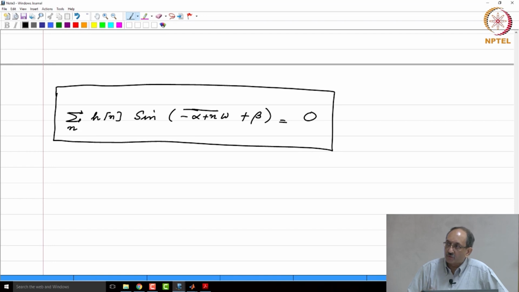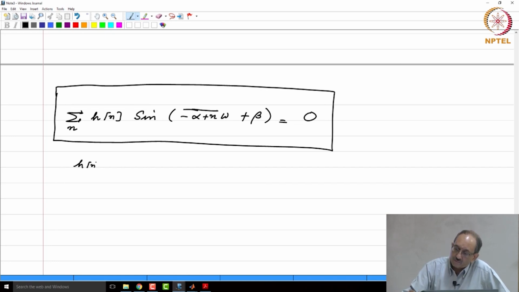Now we need a solution to this equation, and one solution that is immediate, that is true, which the mathematician would state, would be, what is one immediate solution to this? H of n equals 0, right. So that is the trivial solution. It is mathematically valid but practically useless. So now we are looking at non-trivial solution, right.